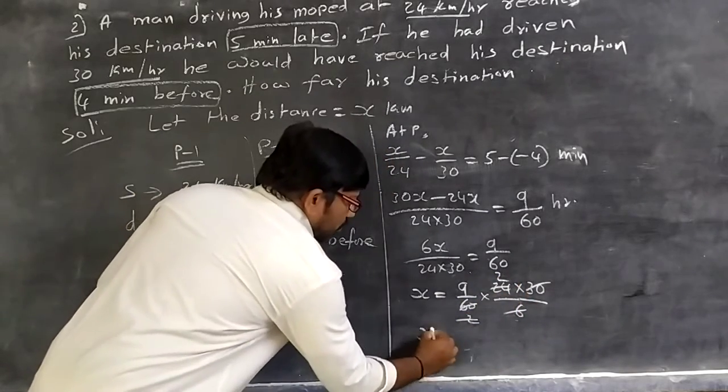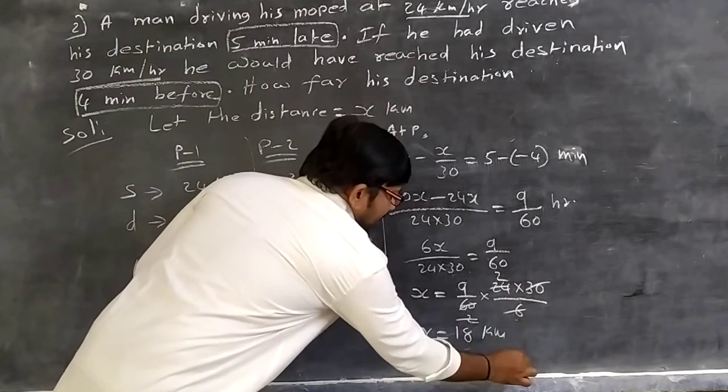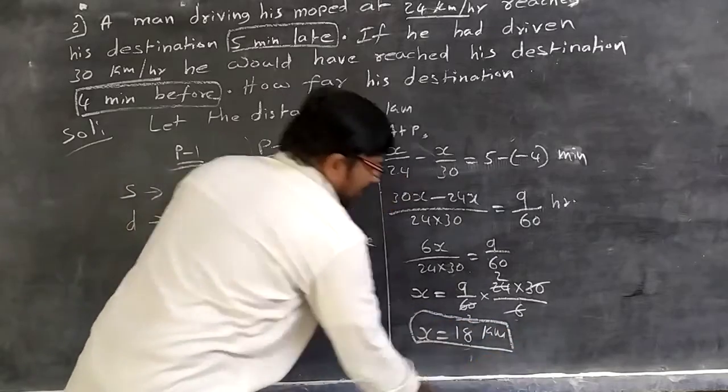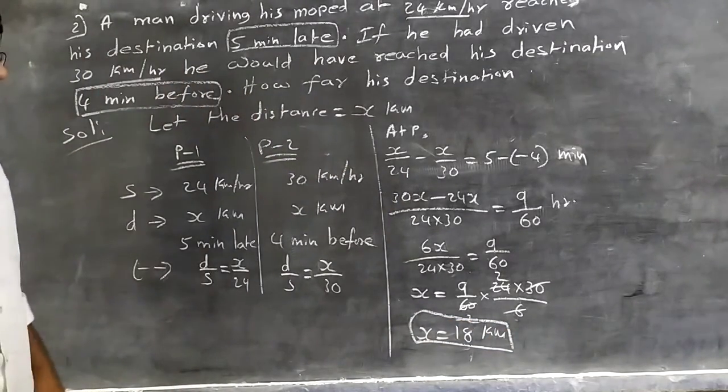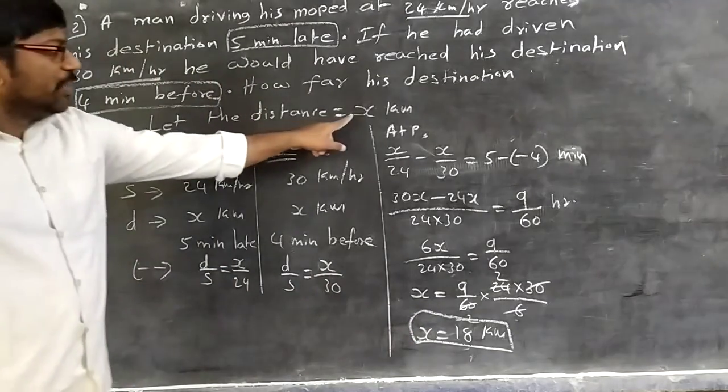Then x is equal to 9 2s are 18 kilometers. So the distance is 18 kilometers, right? So the distance traveled is 18 kilometers.